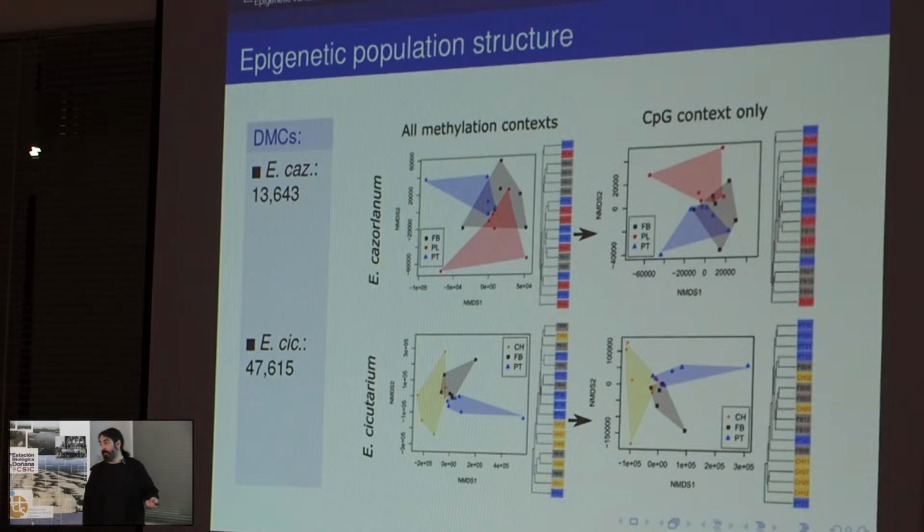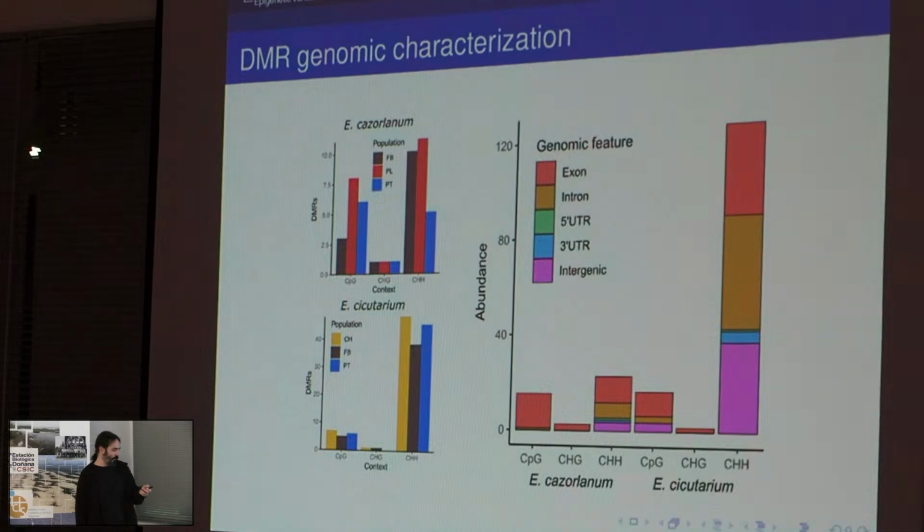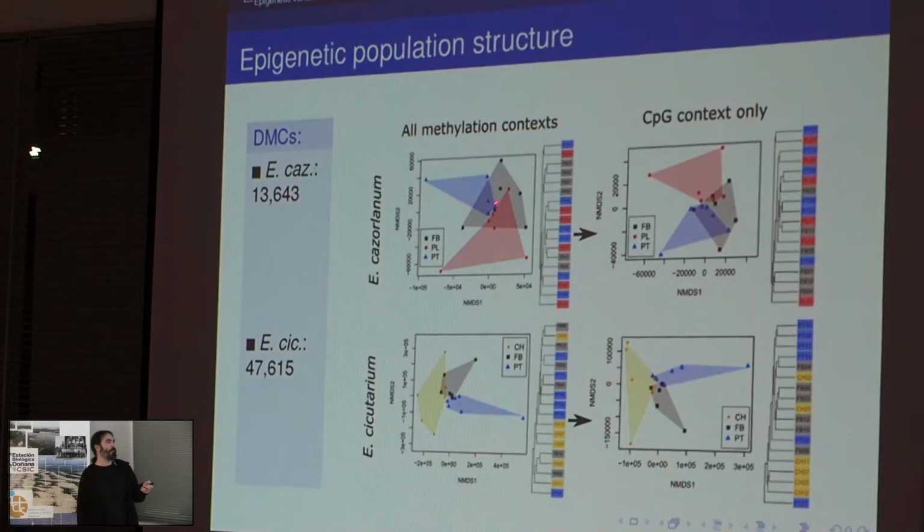But anyways, we can run analysis to have an idea of what we have, and using all methylation contexts, this is CG, CHG, and CHH, we can see that in Erodium Cazorlanum, almost all the samples from all the populations cluster more or less together.